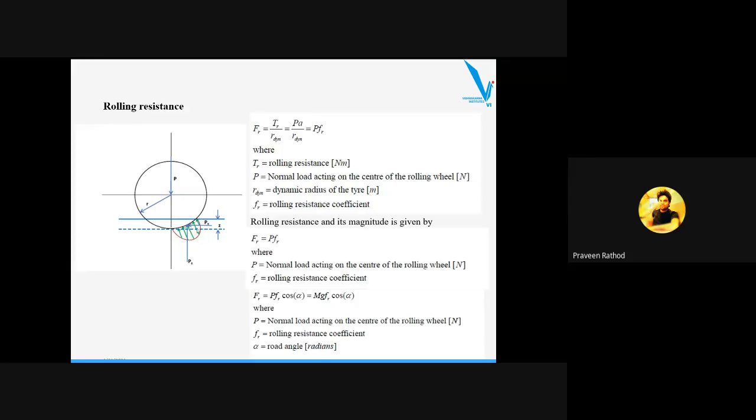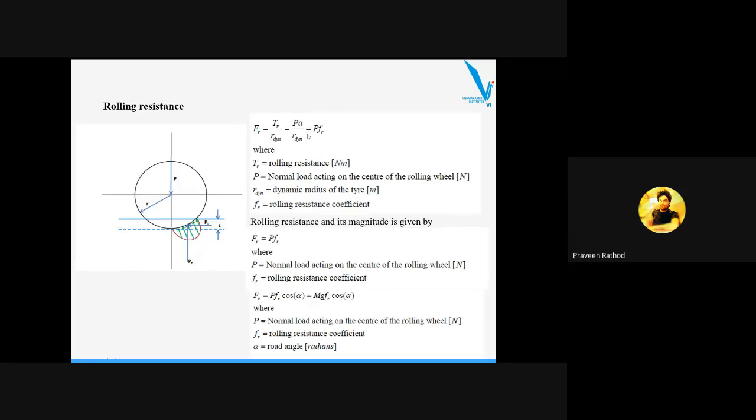To keep the wheel rolling, the force FR acting on the center of the wheel is required to balance the rolling resistance moment. It is used to balance the rolling resistance moment, which can be indicated over here with the help of PZ. The rolling resistance moment is expressed over here. R dyne is the dynamic radius of the tire, and TR is nothing but the rolling resistance.